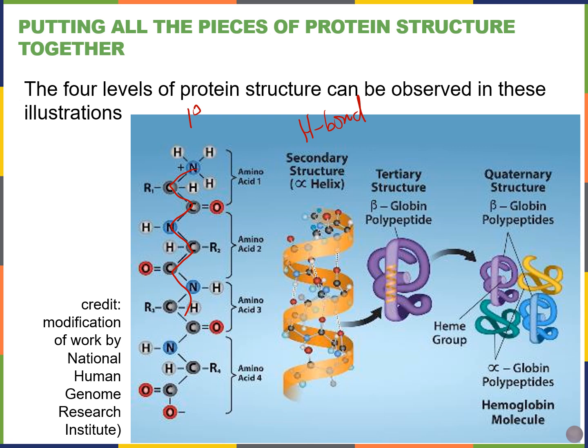We have our tertiary structure, which is a 3D shape formed by interactions between those R groups, and you can see all four bond types. And then quaternary structure is when you have more than one chain of amino acids and they connect. Notice that even though this one has 4 polypeptides that create quaternary structure, it doesn't have to be 4. It could be 2 polypeptides coming together. It could be 60 polypeptides that come together.